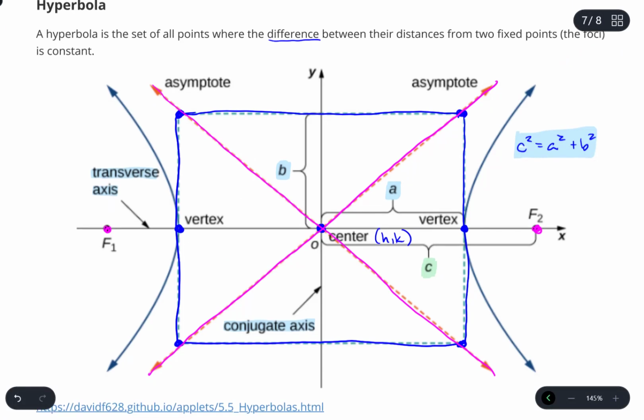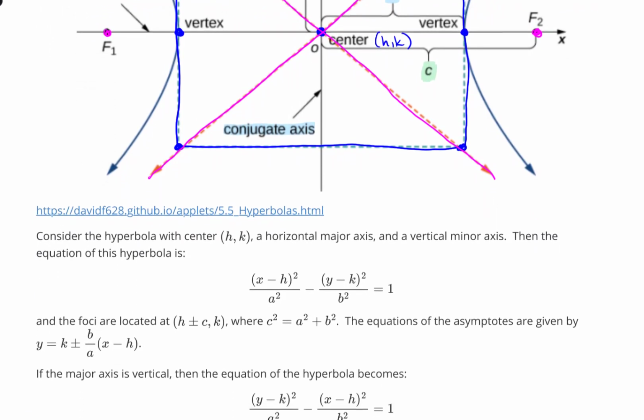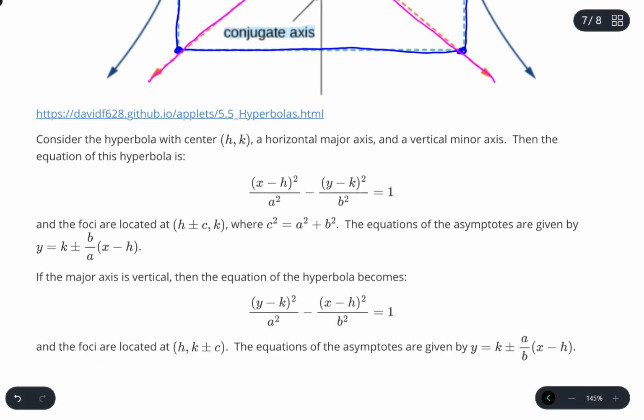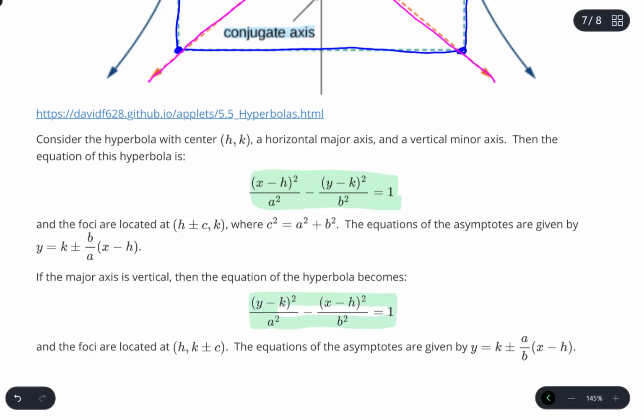All right, now let's see how the hyperbola relates to a formula. So there's two different forms for this particular equation. We have basically the same concept in each one, but x minus h quantity squared over a squared minus y minus k quantity squared over b squared equals 1, or reversing the order of the y and the x.